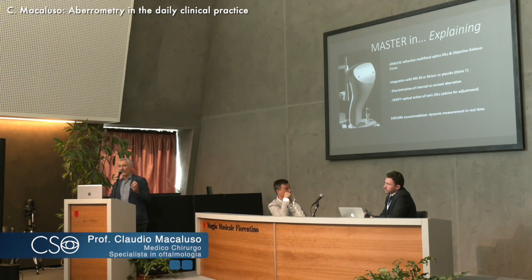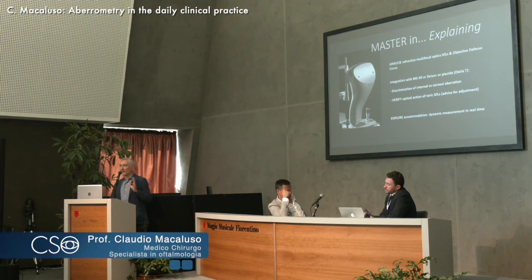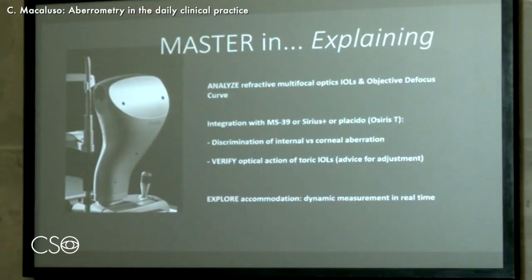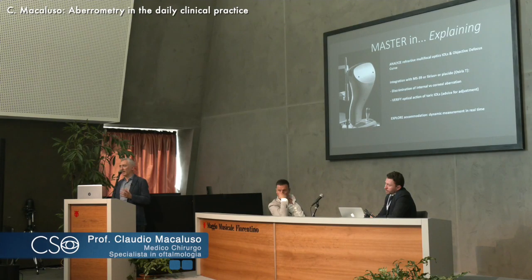We can then integrate the aberrometer with a topographer like the MS-39 or the Sirius, or even altogether with the Osiris-T instrument. We can separate, and have together, the effect of the corneal aberration and the total eye aberration, and then by subtraction know everything about the internal aberrations of the eye.